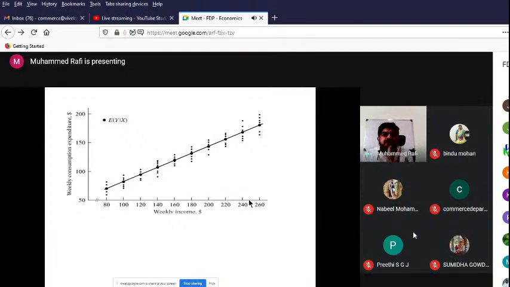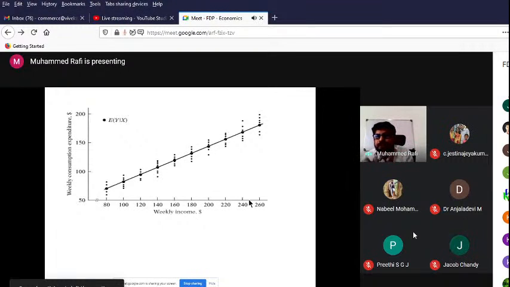So this is what we would like to estimate. This is the line which will tell you about the relationship between consumption and income. We are talking about a community where the total population is 60 families. This is a hypothetical example.